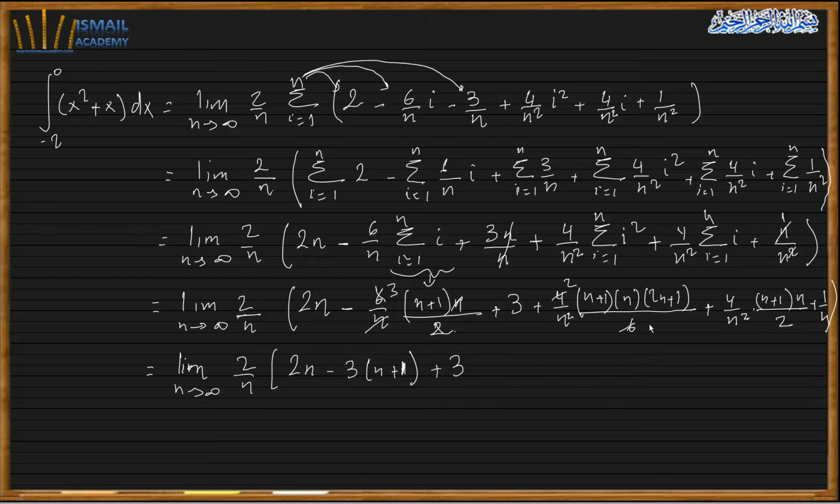This is 2, this is 3, so I will have plus 2(n plus 1)(2n plus 1) over 3n squared plus 4, this can be simplified, that's going to be (2n plus 1) over n squared plus 1 over n.